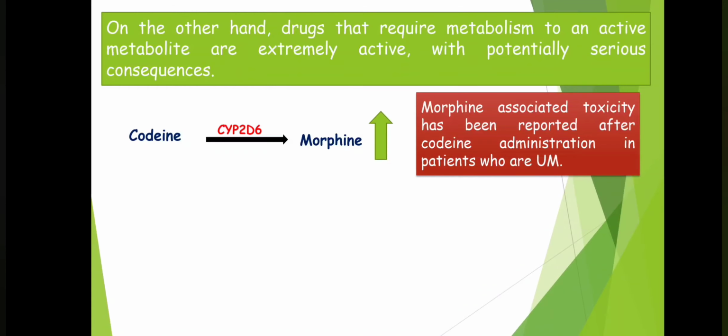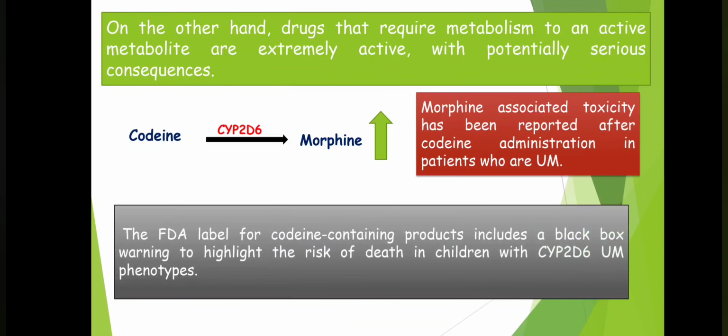Morphine associated toxicity has been reported after codeine administration in patients who are ultra rapid metabolizers. The FDA label for codeine containing products includes a black box warning to highlight the risk of death in children with the CYP2D6 UM phenotype, that is ultra rapid metabolizer phenotype.